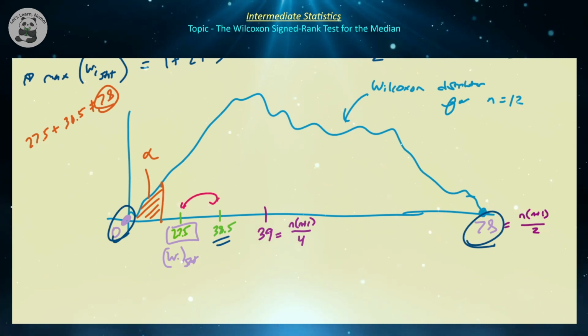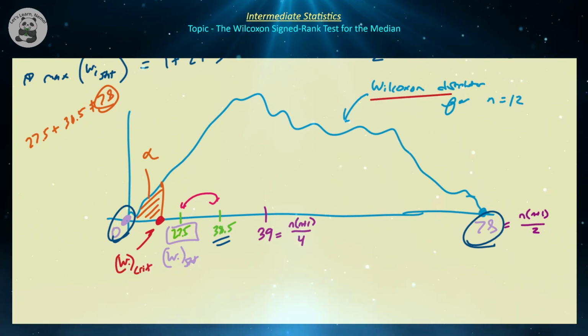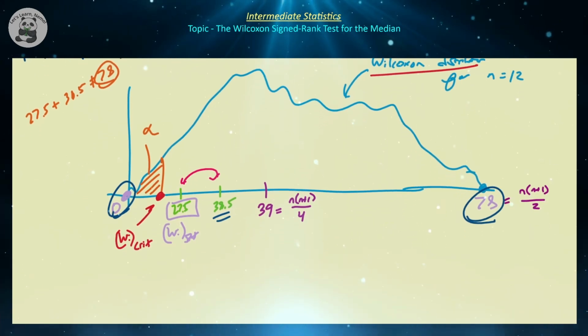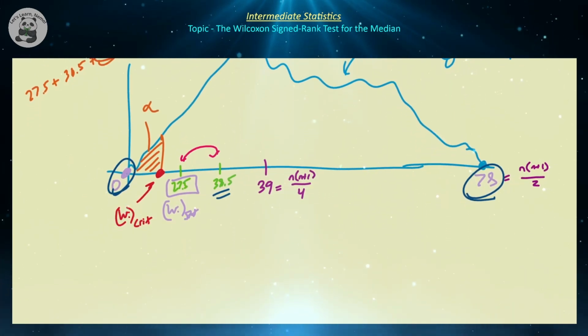So that's our Wilcoxon test statistic, and we of course need to compare this to our Wilcoxon critical value, which obviously is just going to come from a Wilcoxon distribution for n is equal to 12. Now, you might be thinking, okay, well, what is this actually equal to? Well, I don't know the Wilcoxon distribution.